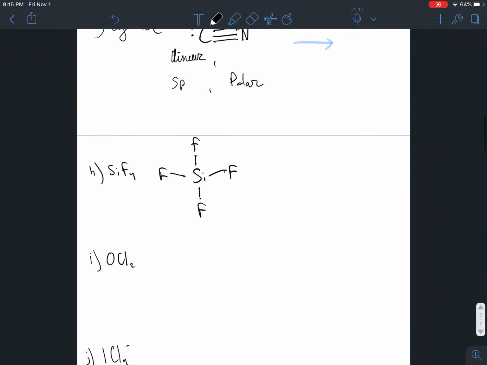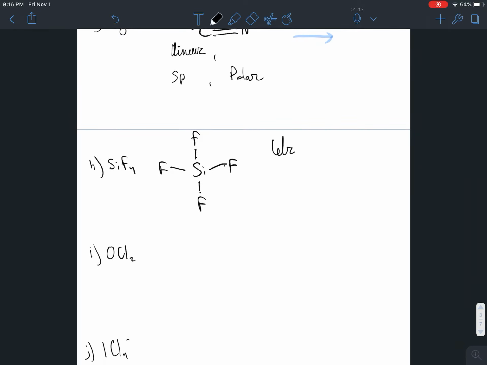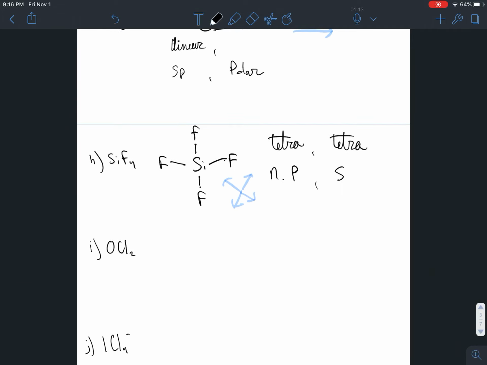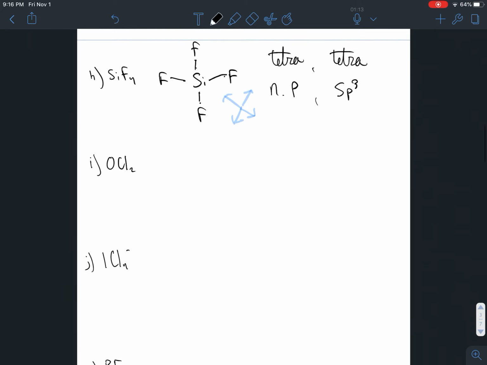Oh, I guess that's actually not too complicated. How about that? So it's tetrahedral, base shape, tetrahedral molecule. Is it polar? It is nonpolar because it certainly has polar bonds, but they all cancel each other out. And the hybridization is sp3 because there are 4 things attached to the central atom.